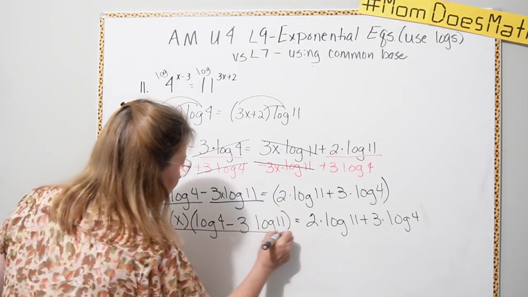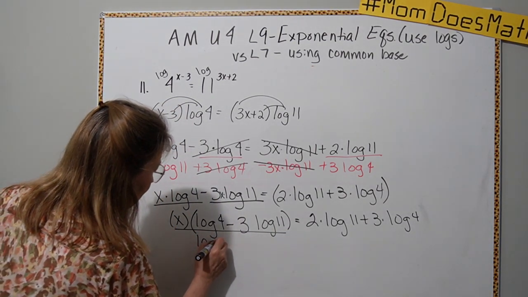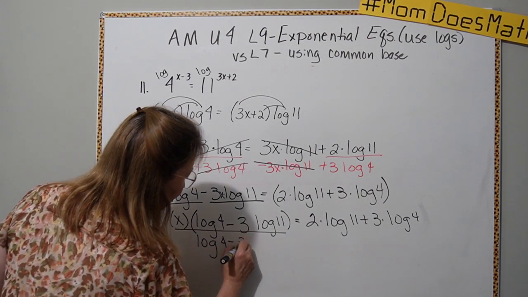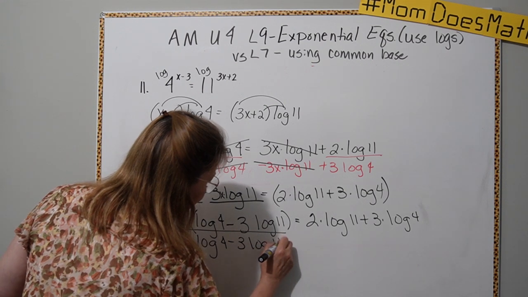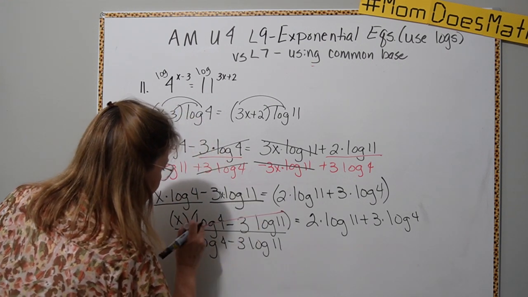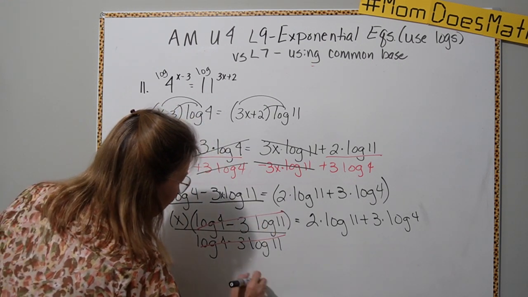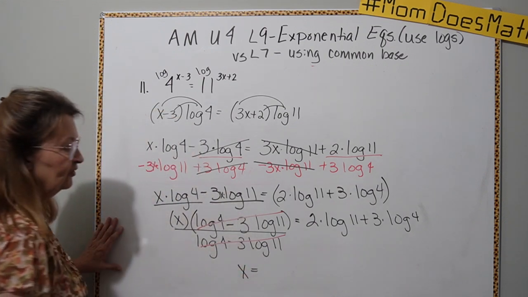Okay, now I'm going to get rid of this by dividing here. Log 4 minus 3 log 11. And guess what? Those two things cancel out, so I just have x equals here.